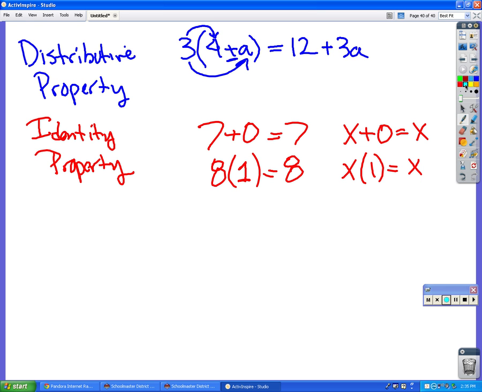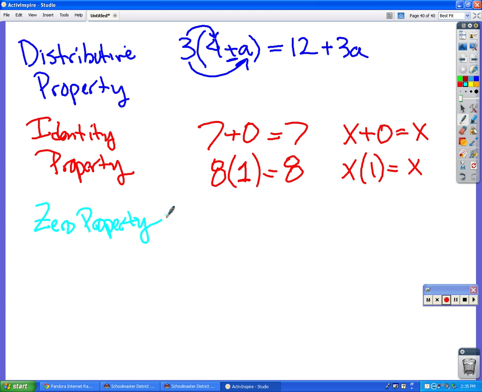All right, and then the very last one is called the zero property. And this is also known as the Mr. Pugh property. If I counted the number of hairs on every person's head in this school and multiplied all those answers together, what would I get?